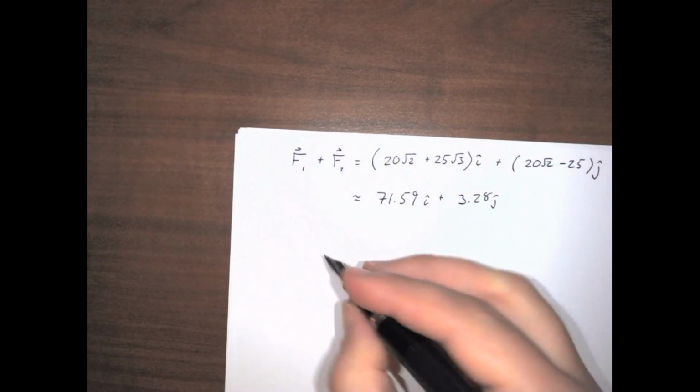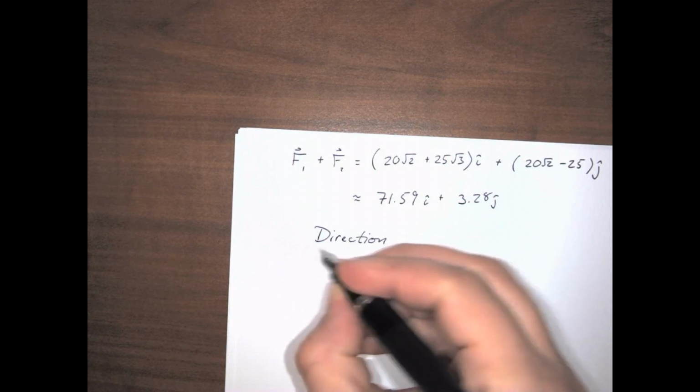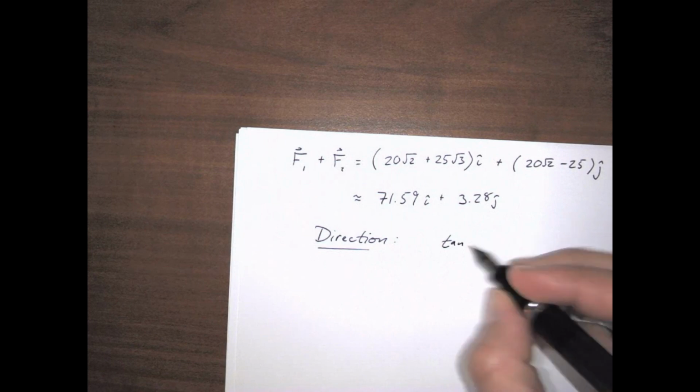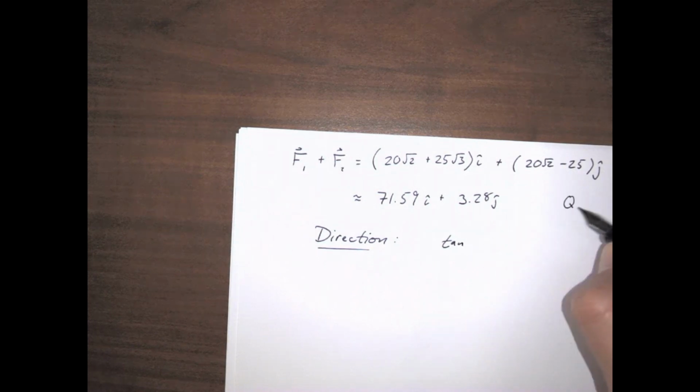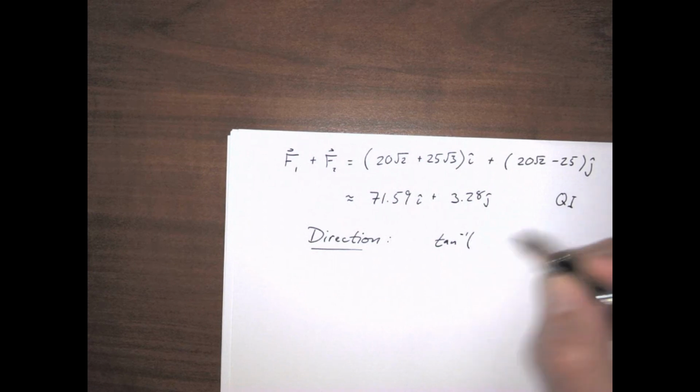So direction and magnitude. So this is in quadrant 1. We can see because they're both positive. One's really positive, one's slightly positive. So the tangent inverse will work out just fine for us.